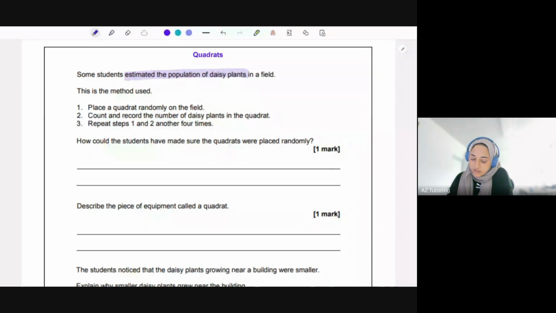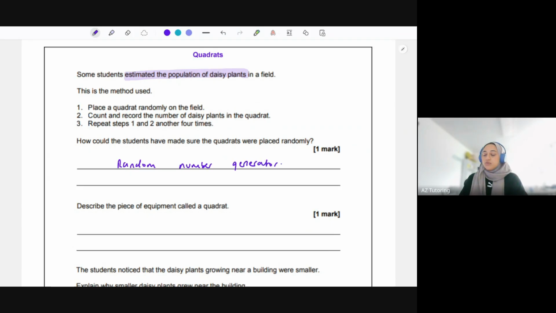Place a quadrat randomly on the field. Count and record the number of daisy plants in that quadrat, and then repeat steps 1 and 2 another 4 times. How could the students have made sure the quadrats were placed randomly? So the most common answer you could just say is a random number generator.